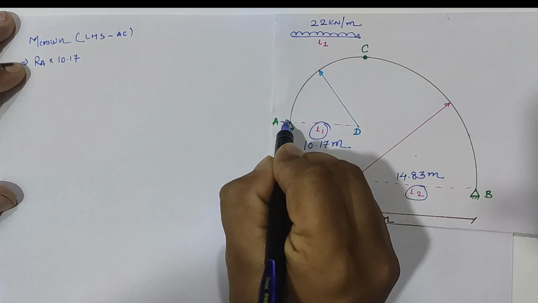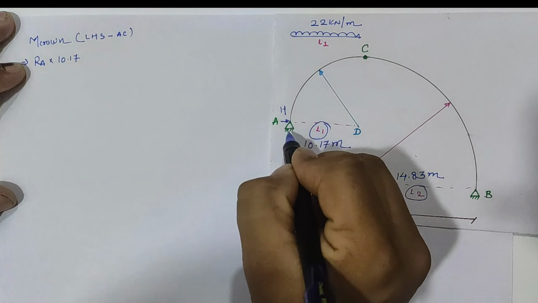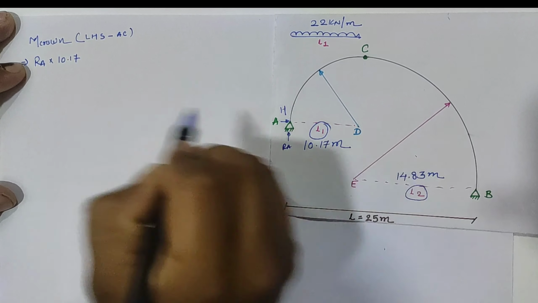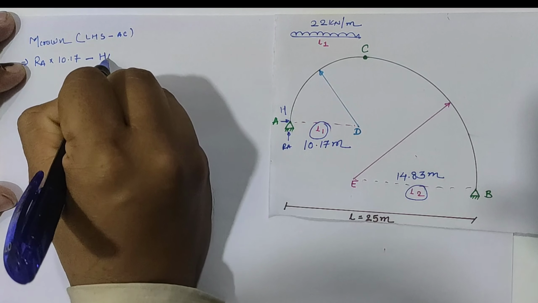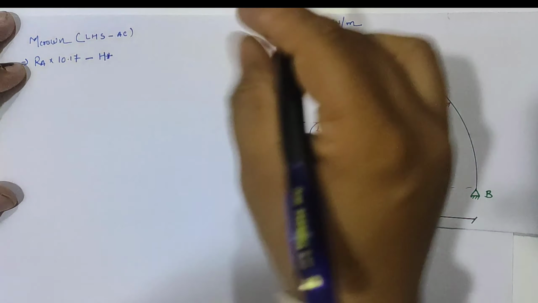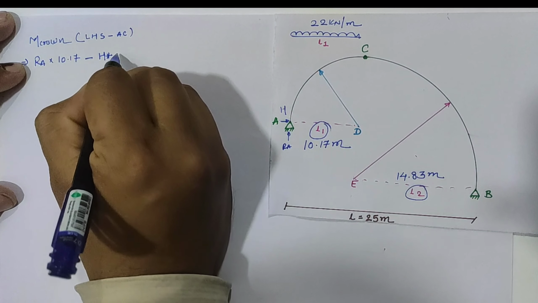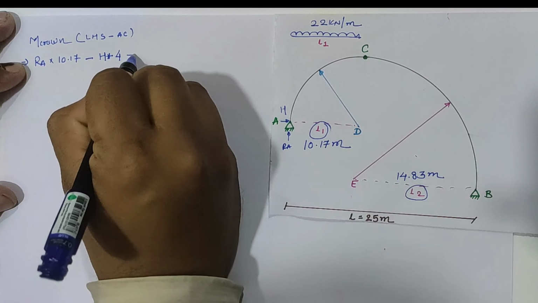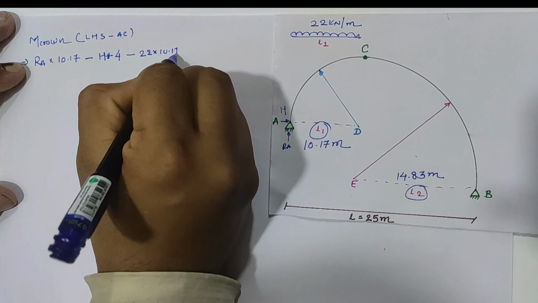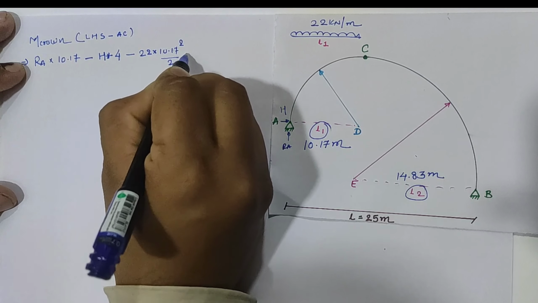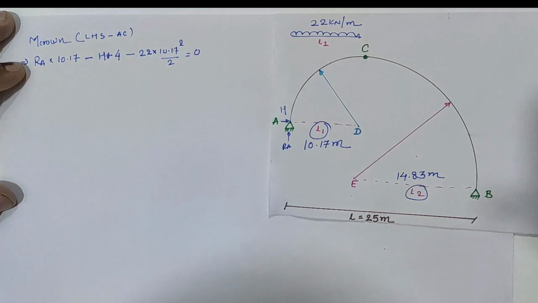If we assume the horizontal reaction as H, then it is in the anticlockwise direction, so minus H into the crown height, which is given as 4 meters, minus, for the UDL, load into distance by 2, which must be equal to 0.